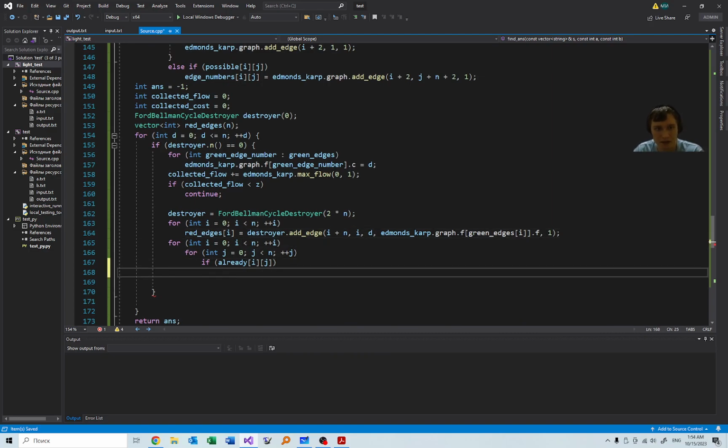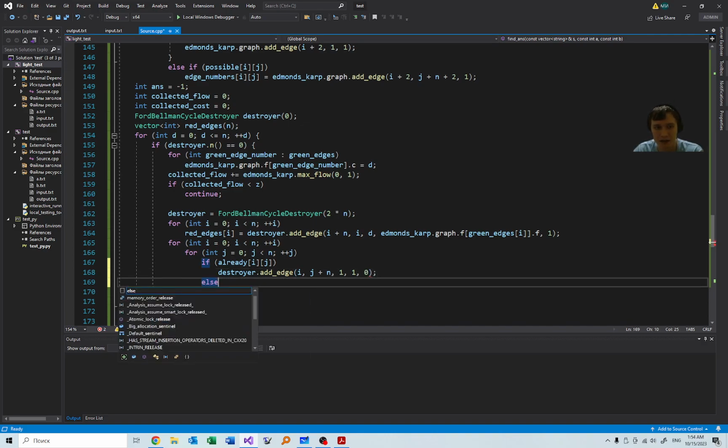If already, then destroyer dot add edge of from I to j plus n of size of capacity 1, of flow also 1, and of cost 0.